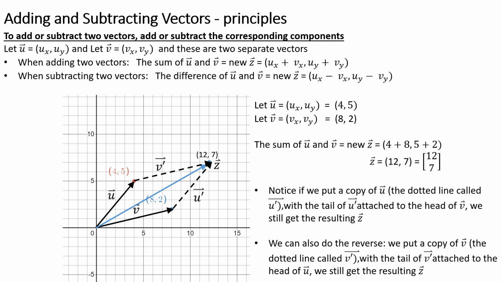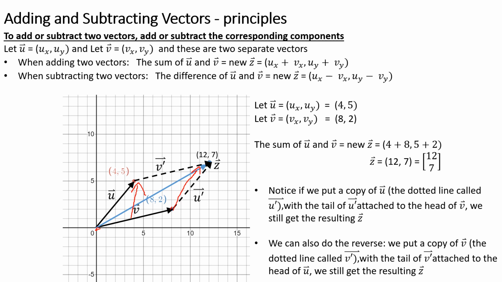If I add this, I'm calling vector V the one that starts at the origin, 0, 0, goes to 8, 2. I take that same distance, same direction, and I move it up over here. And it's the same angle, by the way, if you notice. It is 8 across, 2 up.